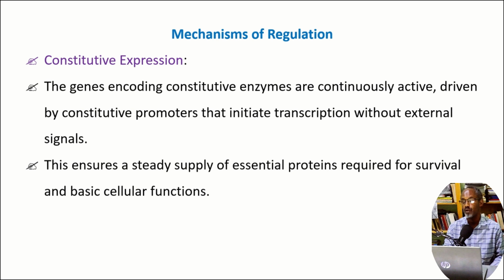They don't require an external signal for the gene to be expressed. Therefore, constitutive promoters always attach to the specific genes that produce the constitutive enzymes so that the enzymes are produced. This ensures a steady supply of essential proteins required for survival and basic cellular function.